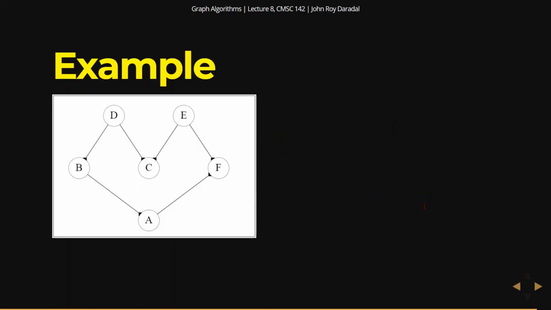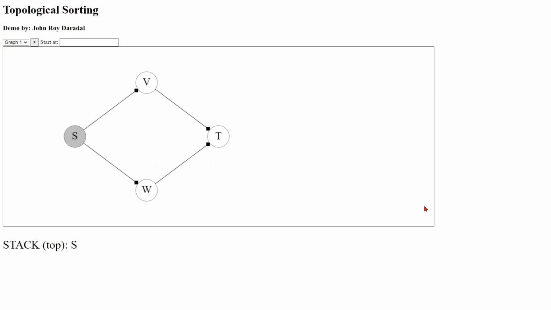Okay, so let's see this in an example. If it was the earlier example that we saw, the simple one, start at S. If we run DFS, S goes to V or W. From V, it can go to T, but then T is already a dead end, so that would be labeled 4.